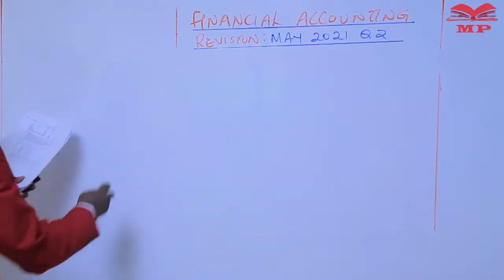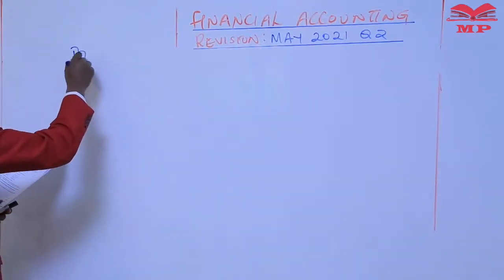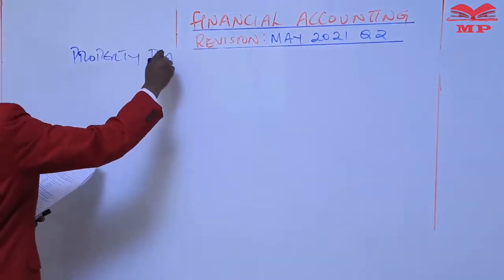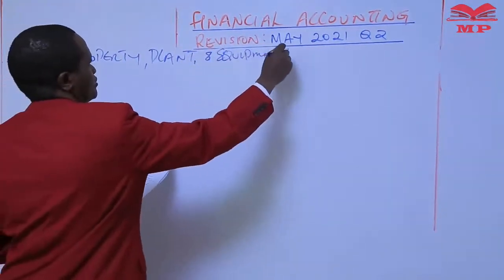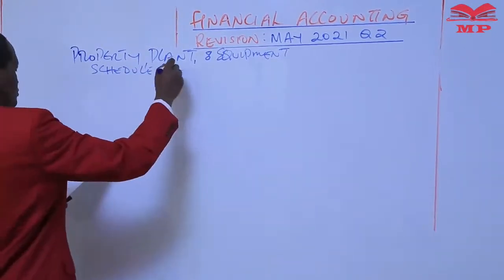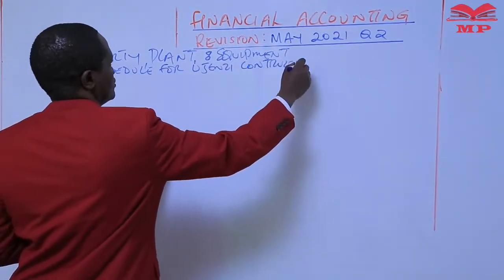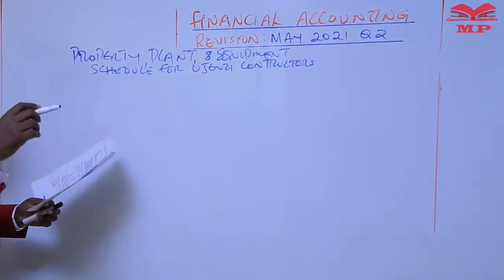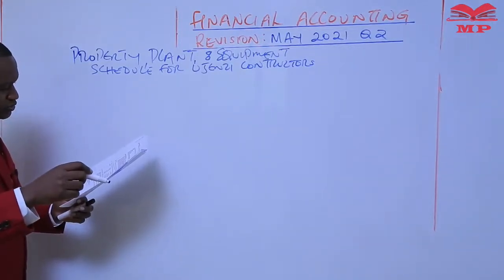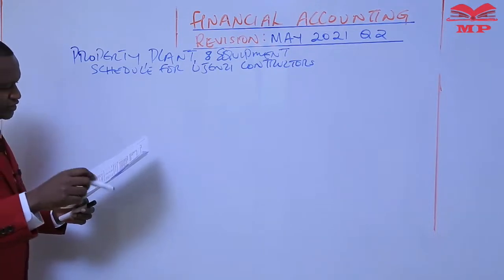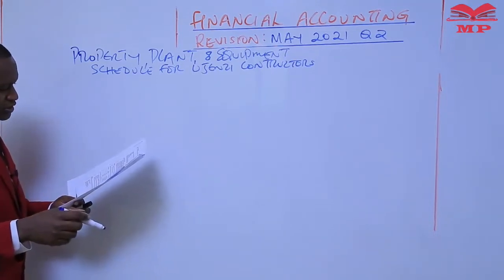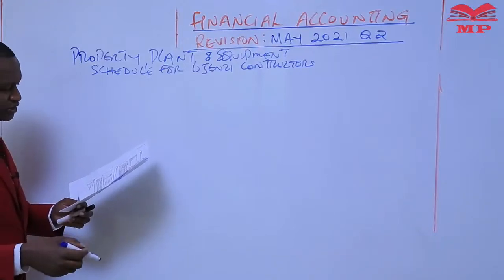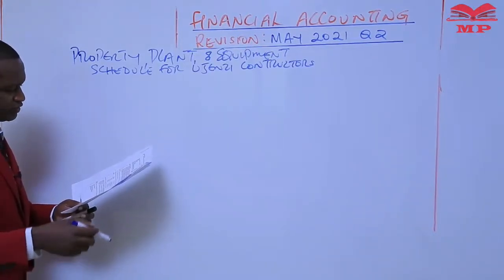This is Ujenzi contractors. The question says property, plant and equipment schedule from 1st January 2011 to 31st December 2020 with the following details.